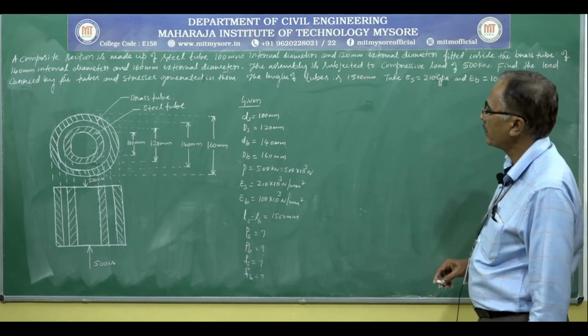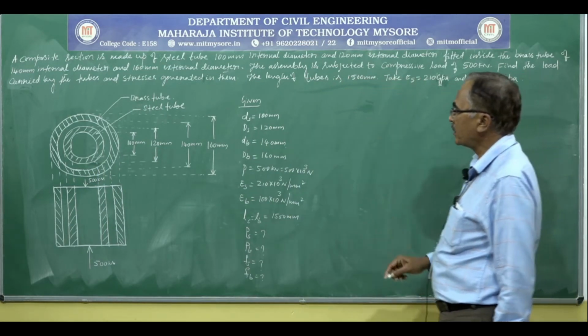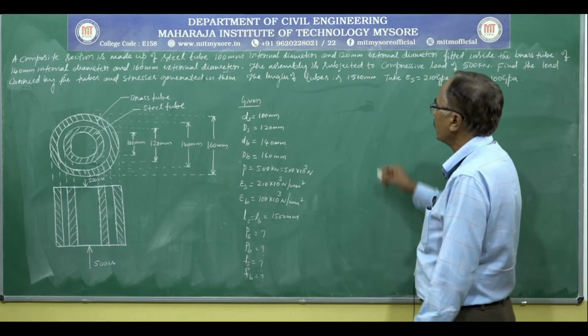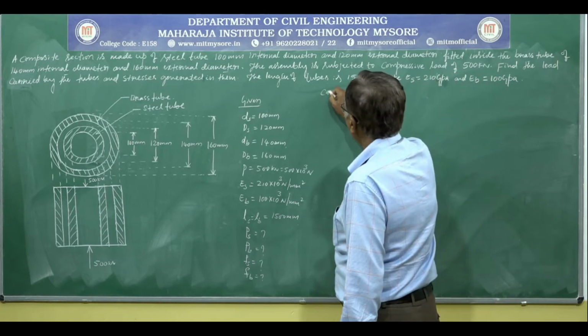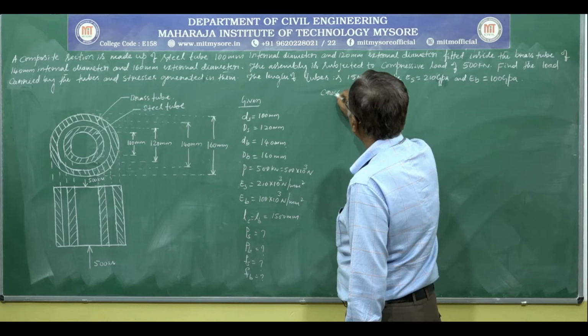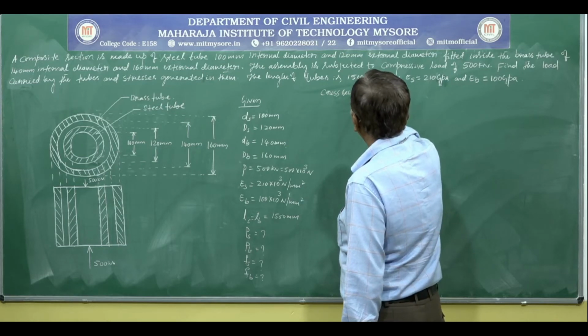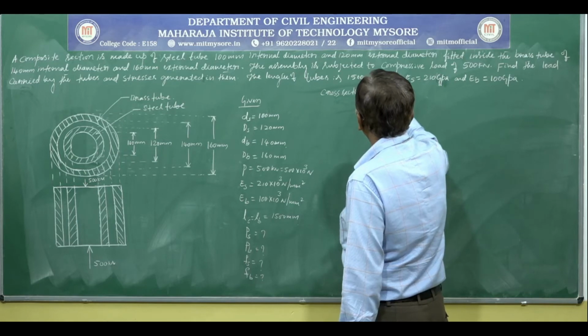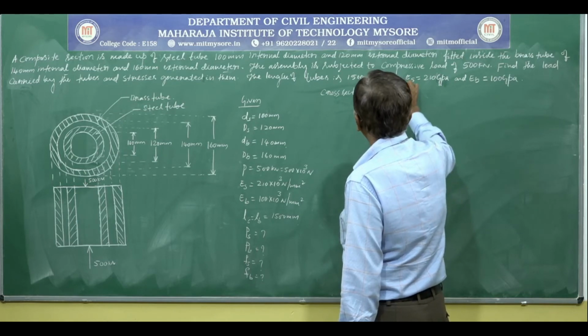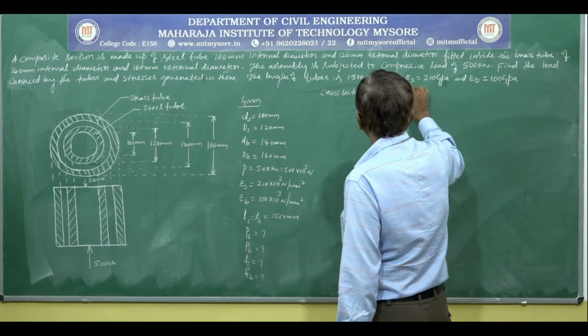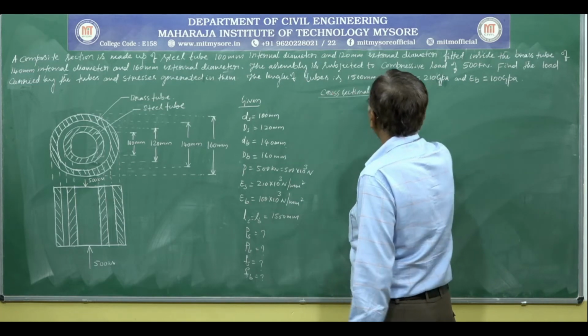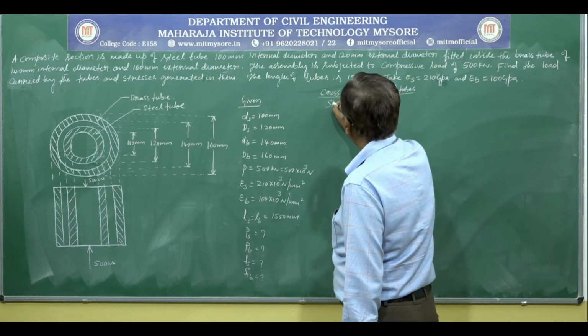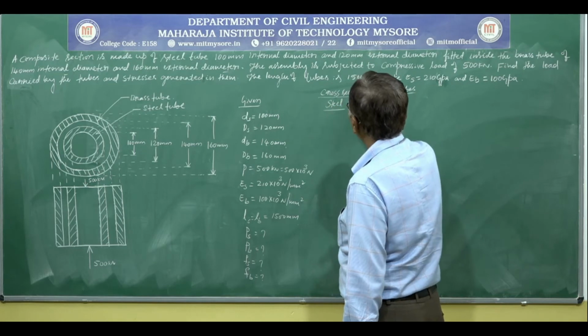Now, first calculate the cross-sectional areas of the tubes. Cross-sectional areas, steel.